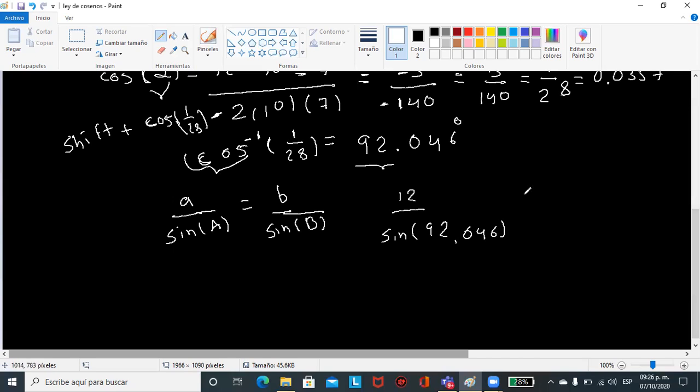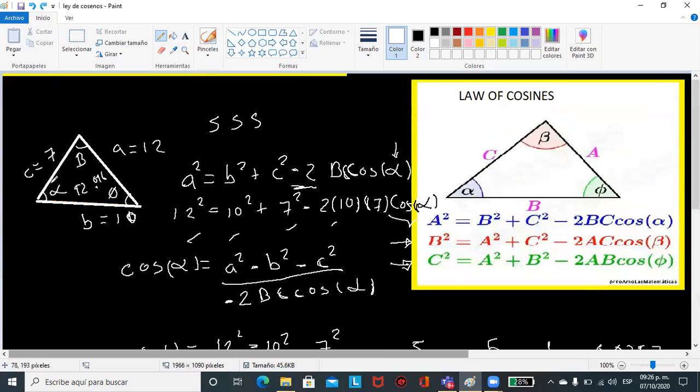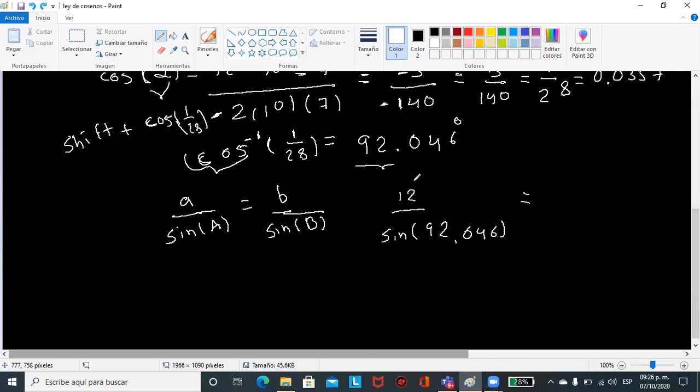Okay, and this is equal to B, but we have B already. Remember, B is 10. Is equal to 10 over the sin of B. So now the unknown here is the sin of B.